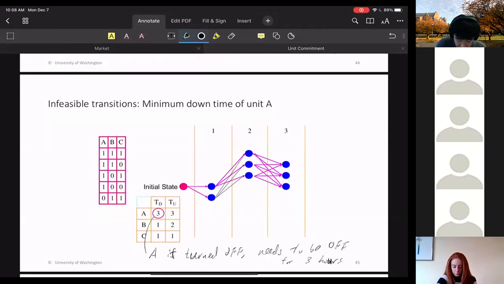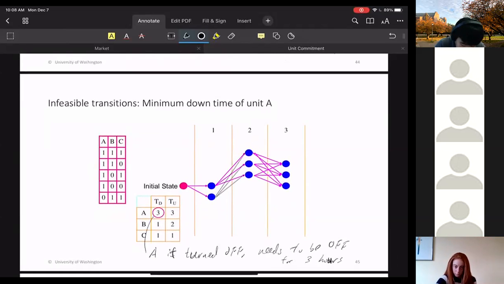Okay, so if we're going to turn it off, let's turn off for 3 entire hours. So basically, these dotted lines are not feasible, because they require turning generator A off, then immediately on again. So these are not possible, right?